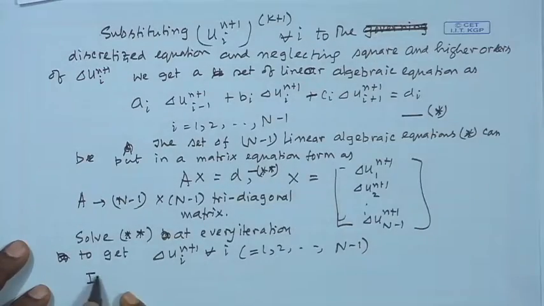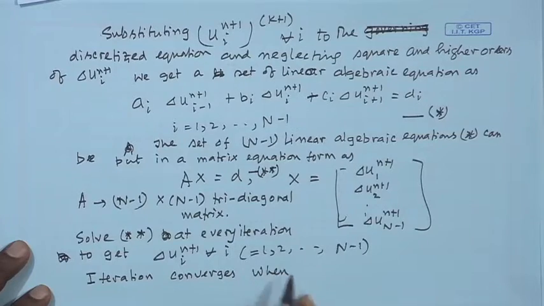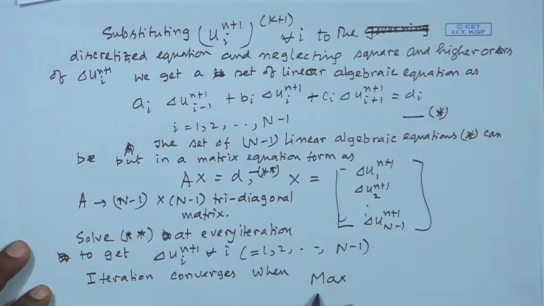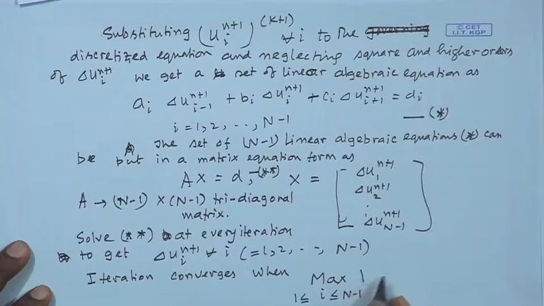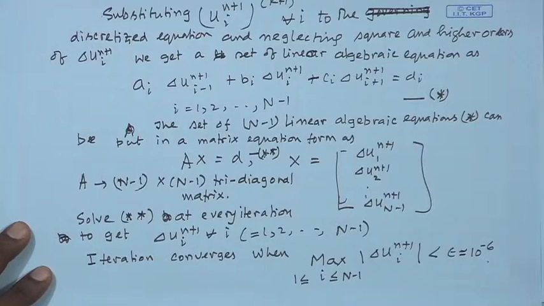So, the iteration process converges when we pose this condition: the maximum over 1 less than or equal to i less than or equal to n minus 1 of delta u n plus 1 i is less than epsilon, which can be a very, very small quantity, something like 10 to the power minus 6 or so.